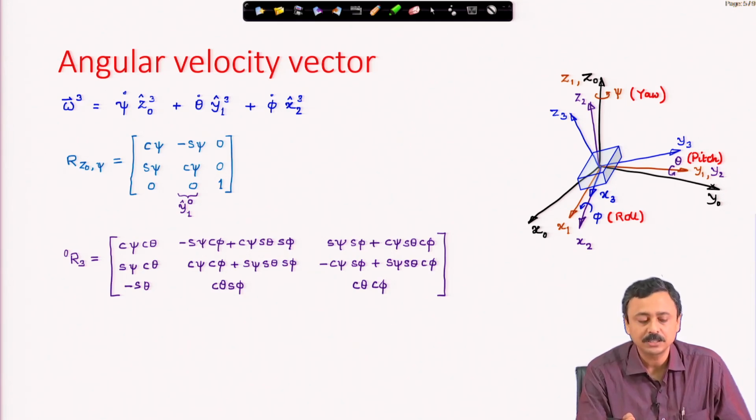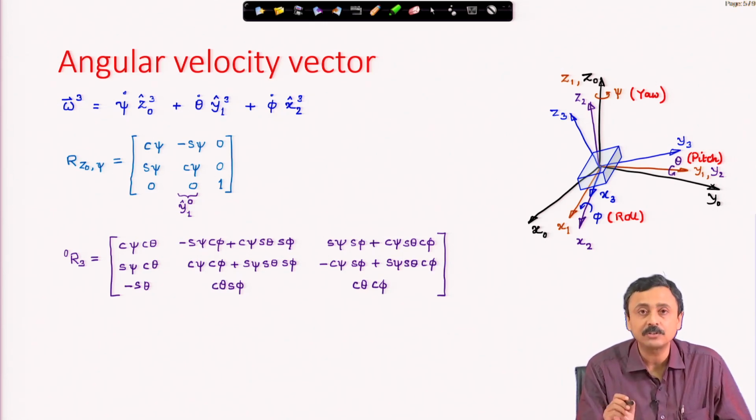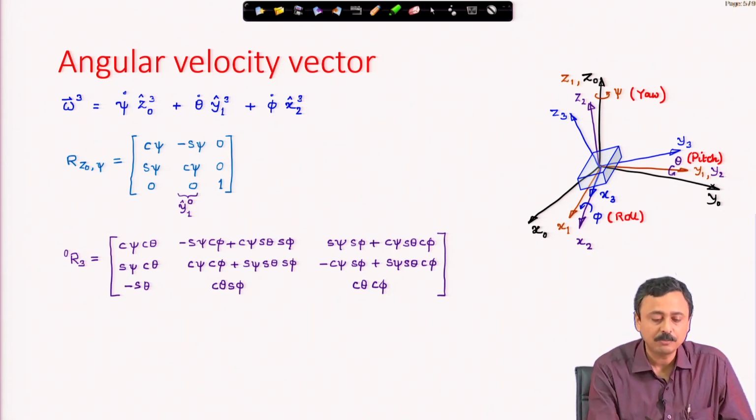This is our interpretation, because this is the first rotational transformation, R z 0 by an angle psi. The yaw was the first rotational transformation. Therefore, the second column must represent y 1 in x 0 y 0 z 0.